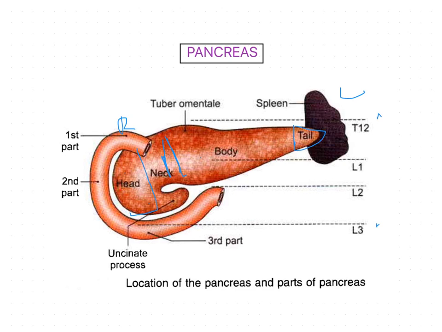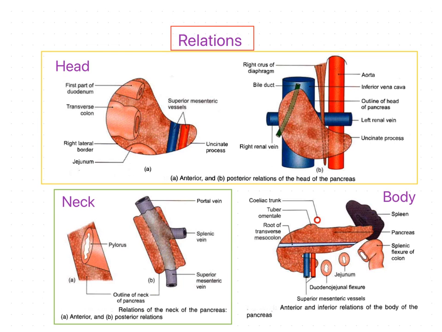Now we will see the relations. The head has two surfaces, the anterior surface and the posterior surface. Here you can see the head part of the pancreas. Now we will see the relations on the anterior surface.